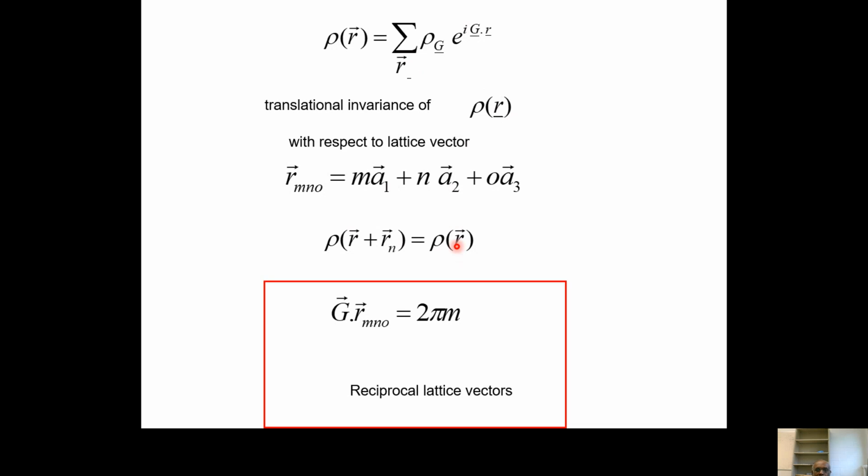That we know. This is the reciprocal lattice vector G, and this is the real space lattice vector. If you take the dot product of G and R_mno, it is always 2 pi times an integer, right? That's something everybody should be familiar with.